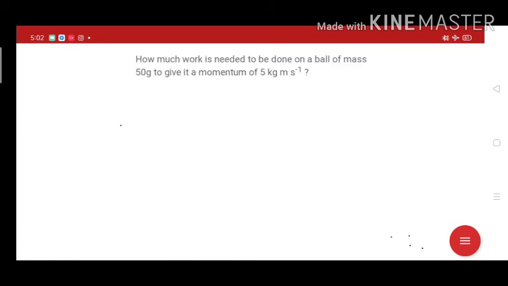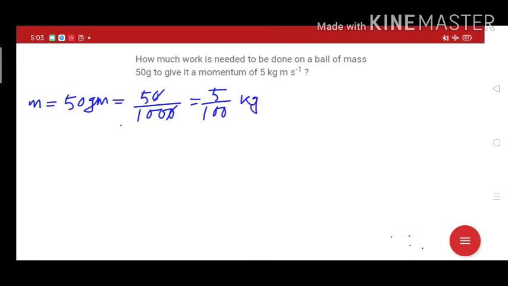How much work is needed to be done on a ball of mass 50 gram? That means mass is given, that is 50 gram, or we can write 50 by 1000, 10 got cancelled, and it is 5 by 100 kg. Always keep the value in fractional form.